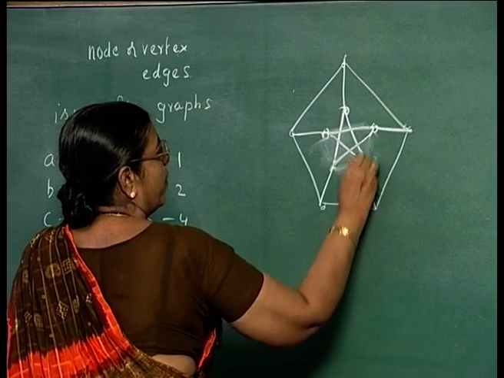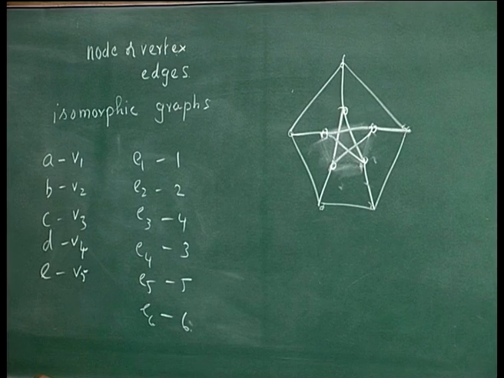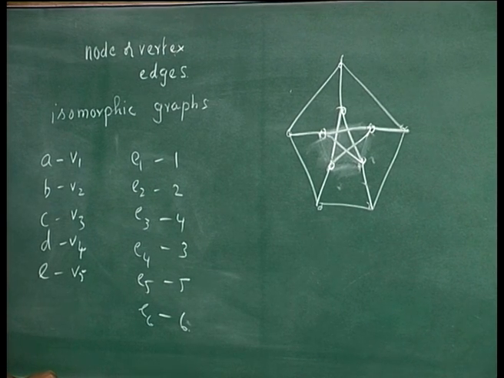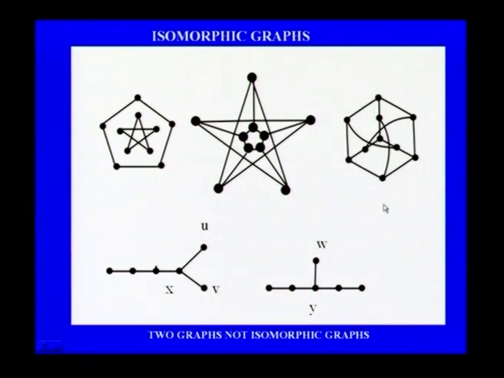The first graph should be like this. You can see the correspondence between this and the second graph. It is difficult to see the correspondence, but this is also isomorphic to that. You can identify each vertex with a vertex here.